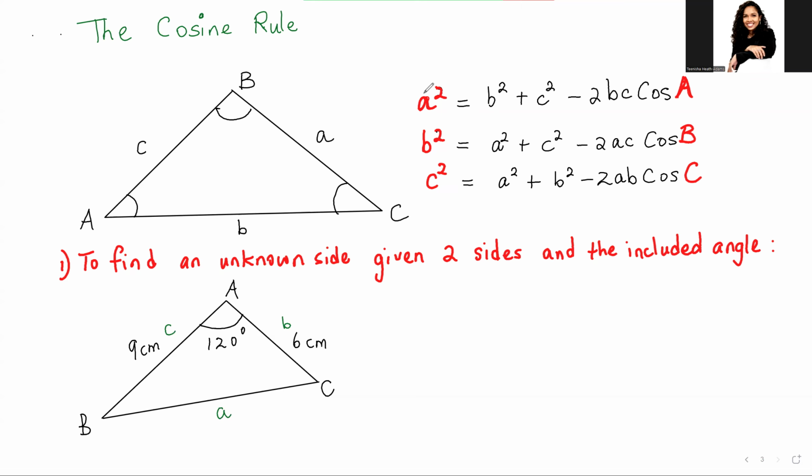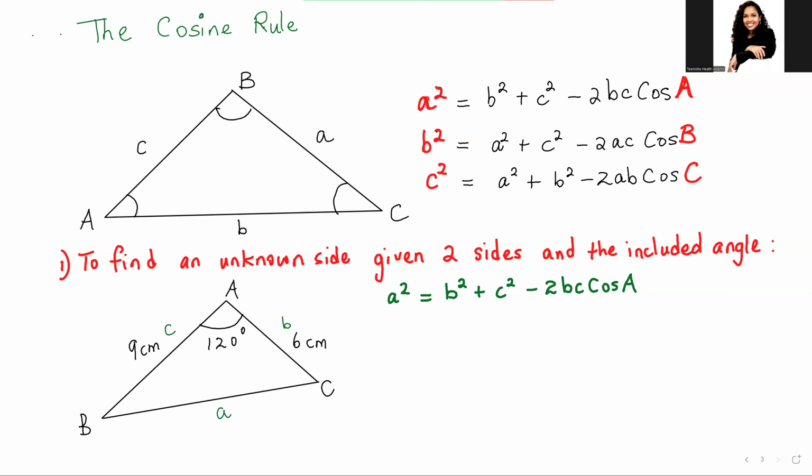A hint as well is that if you're finding an unknown side, that unknown side is always going to be opposite the included angle. So using the cosine rule, a squared is equal to the sum of the squares of the other two sides, so b squared plus c squared minus 2 times bc cos A.